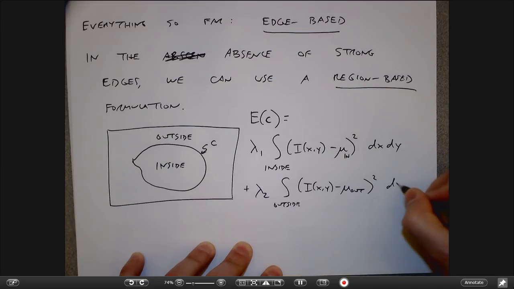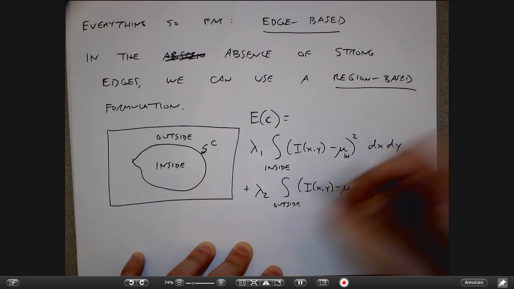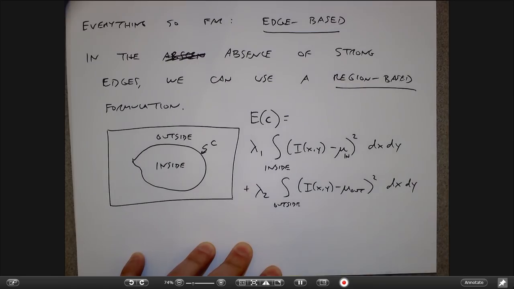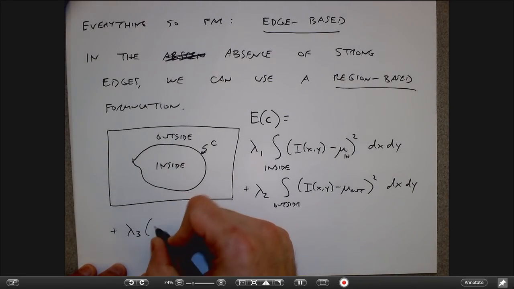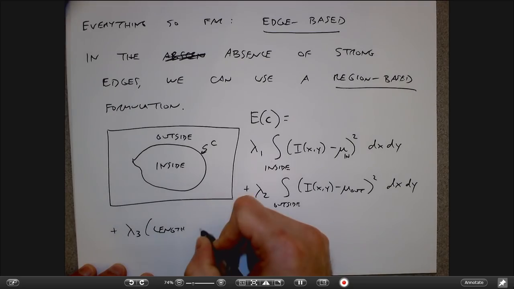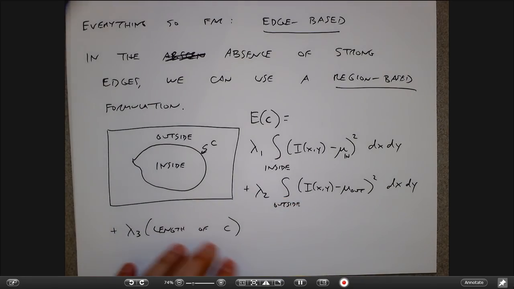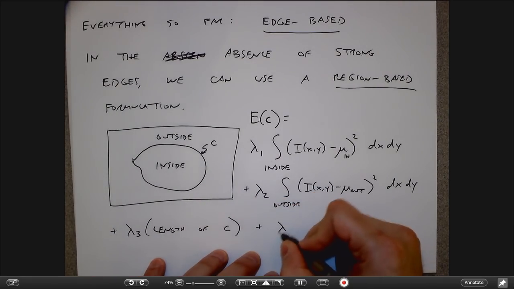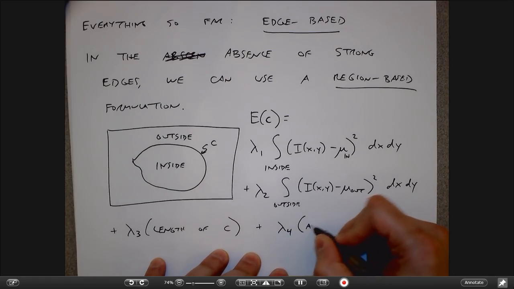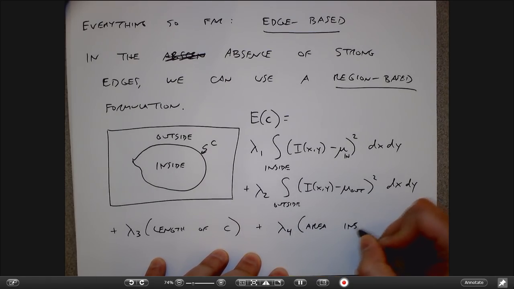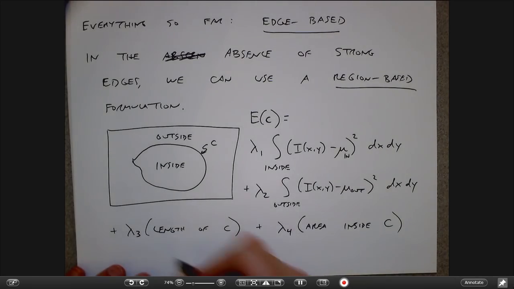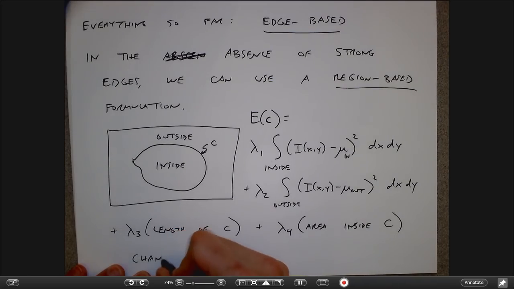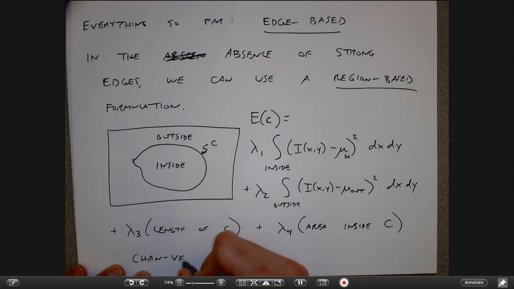So this is like the external part. And then I could have something that says I also want the curve to be short, which is like an internal force. And then I could have another term that basically encourages the curve to shrink, right? This is called the Chan-Vese, I'm not sure how to pronounce it.